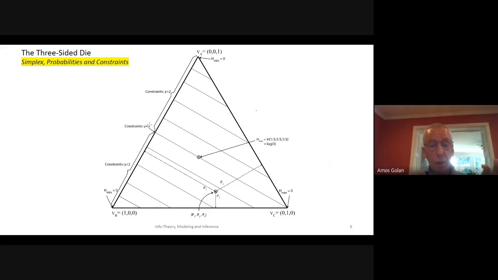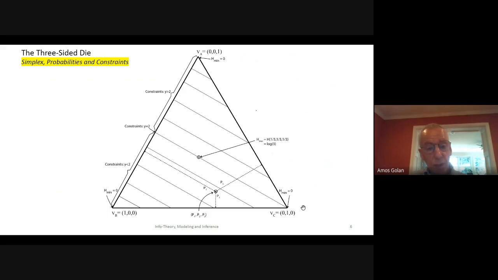Because we define the problem as just the arithmetic mean, it's linear. There are other means, which I'll touch on later if we have time. So all the points on this line that goes from 1/2 on 1 and 1/2 on 3 all the way to probability of 1 on 2 have a mean of 2.